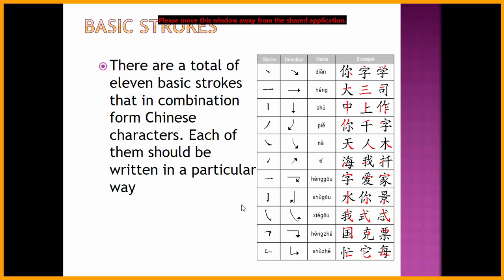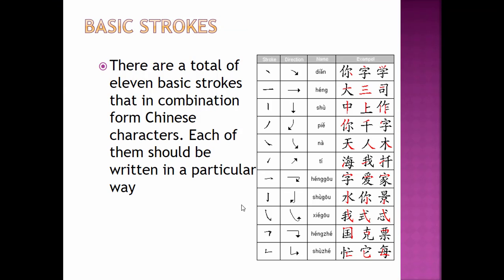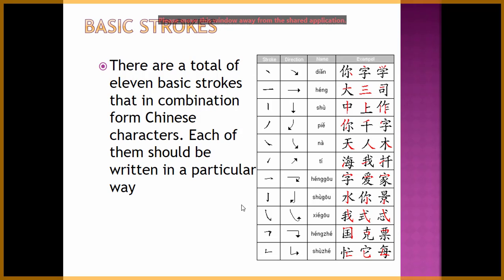No, there are rules of writing these Chinese characters, and by following these rules, you can write them very efficiently, right? And if you do not follow these rules, you will not be able to write them properly. Getting my point?